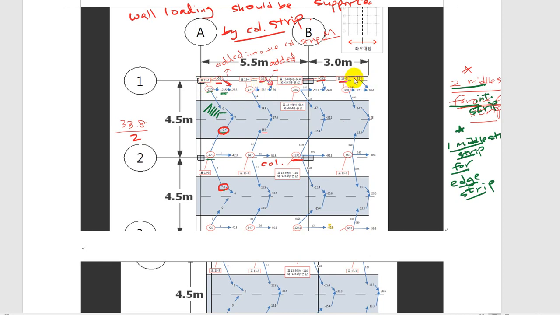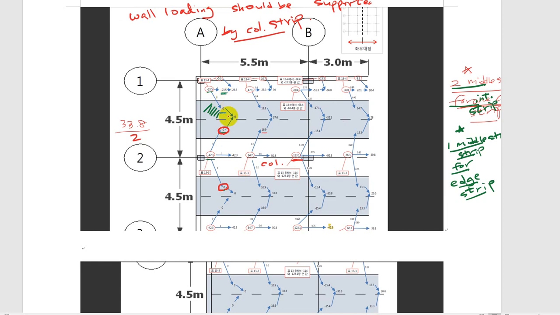Everything is clear, right? So let me just erase to get more room for writing again here. Okay, hope you understand what I'm erasing right now. Take a look at here. The moments now should be summed up, should be added up.